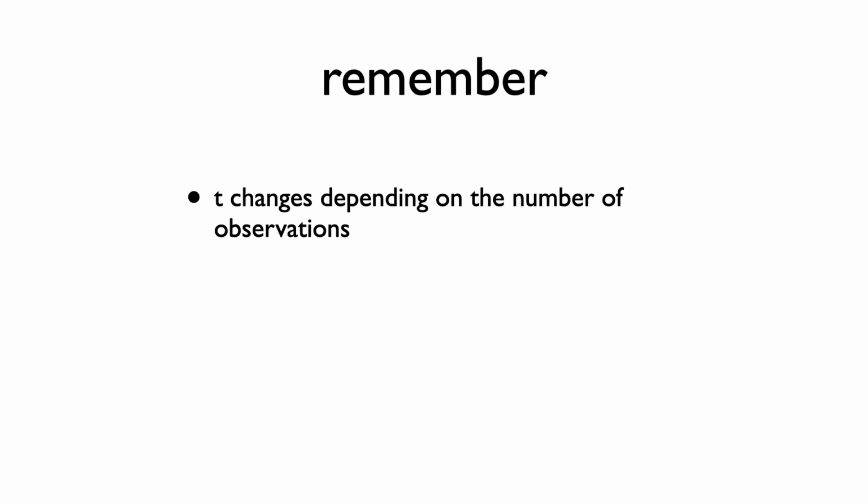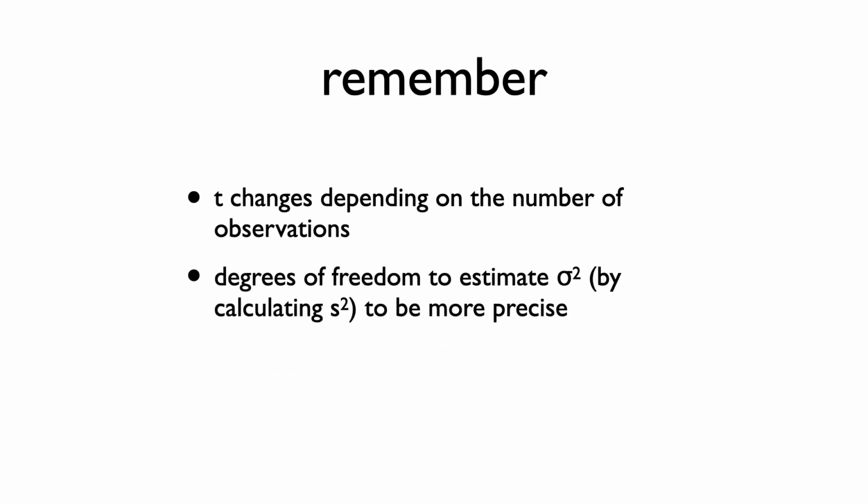So we're going to have to take that into account. Okay? We have to take that into account. And that is done through degrees of freedom, which we've talked about. We're going to look at the degrees of freedom to estimate sigma squared by calculating S squared. Okay? That's what we're going to do here.